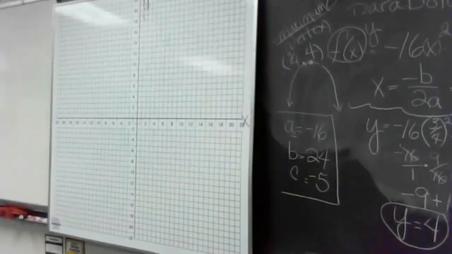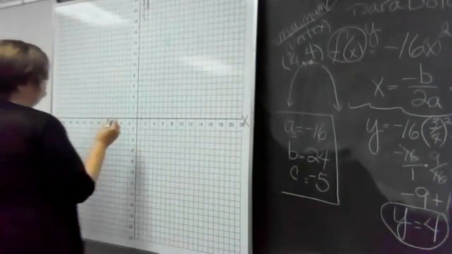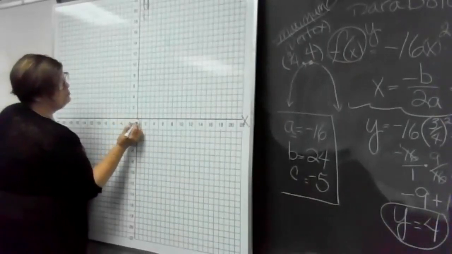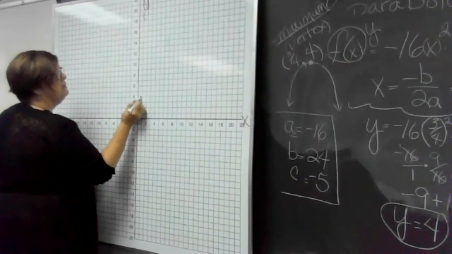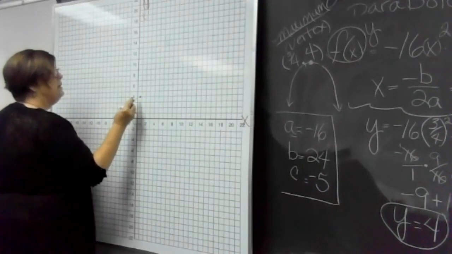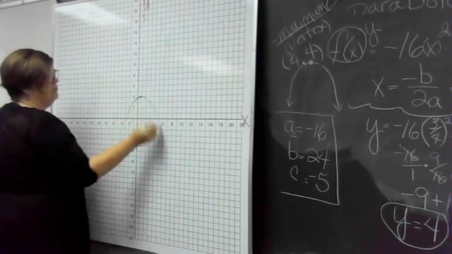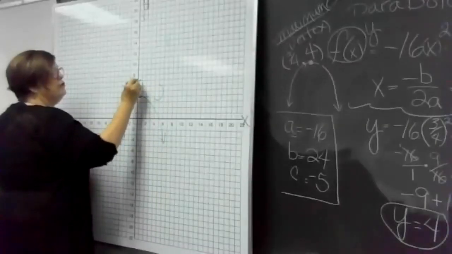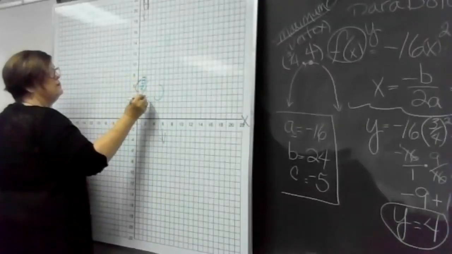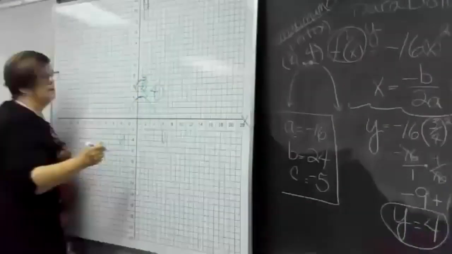If I would graph 3/4, 4, here's 1, so 3/4 is here and 4 is right here. And then we have our parabola coming down somewhere. And then the point of the vertex is 3/4, 4.